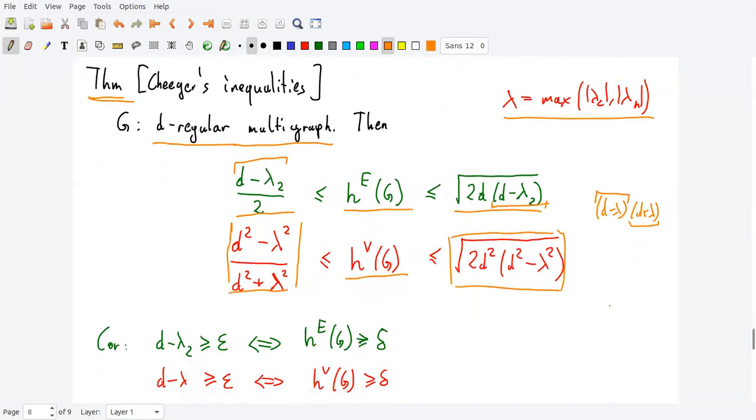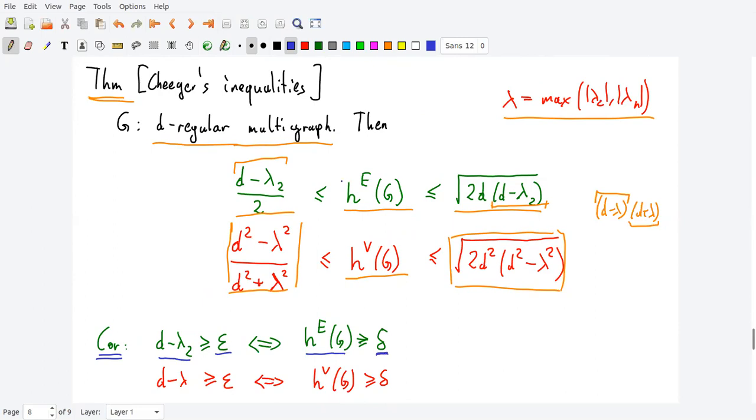In other words, maybe the actual quantities in these inequalities are not that important. What is important is the following corollary: if you would like to have the spectral gap bounded away from 0, separated from 0 by some positive epsilon, it suffices and it's necessary to have the edge expansion separated by some delta from 0.